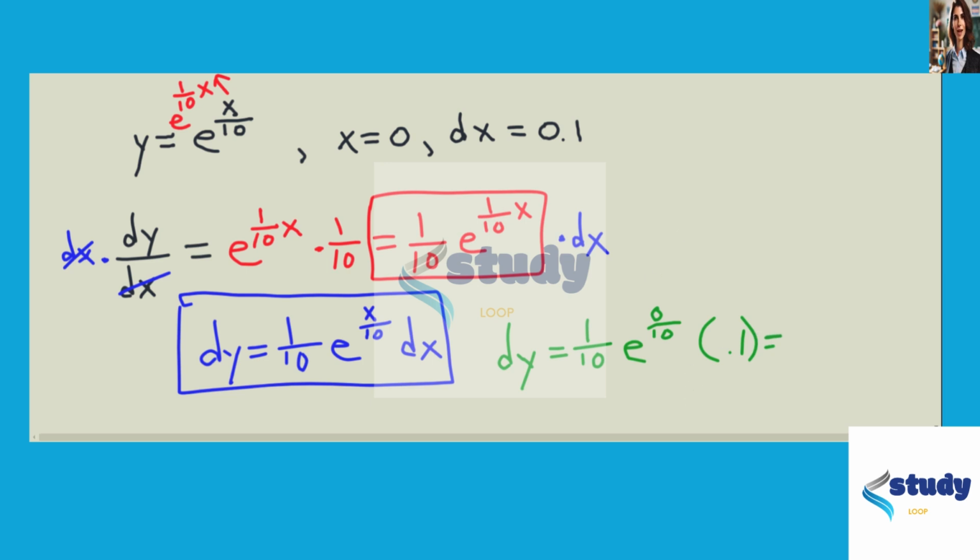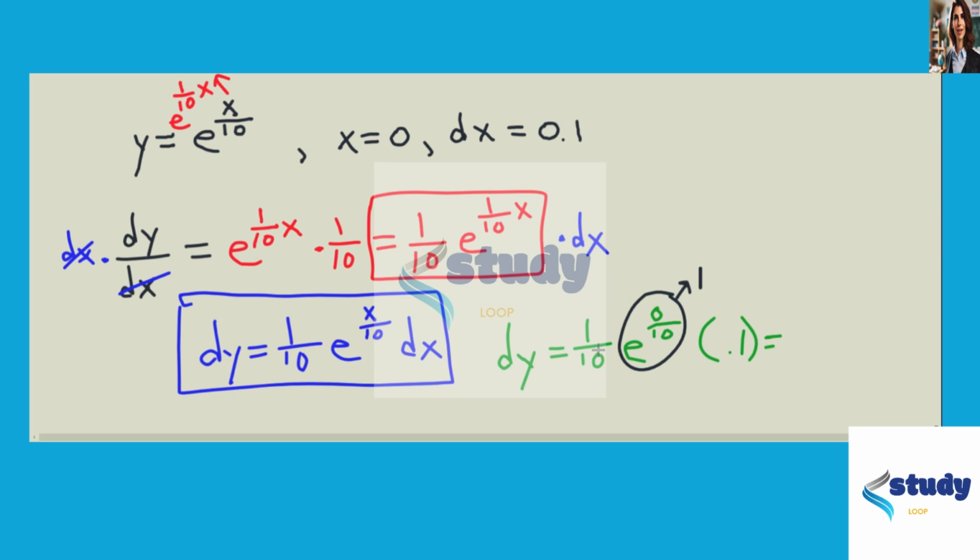Now, 0 over 10 is 0. E raised to the 0 power, anything raised to the 0 power is 1. So dy is going to be 1/10 times 1 times 1/10. 0.1 is 1/10.